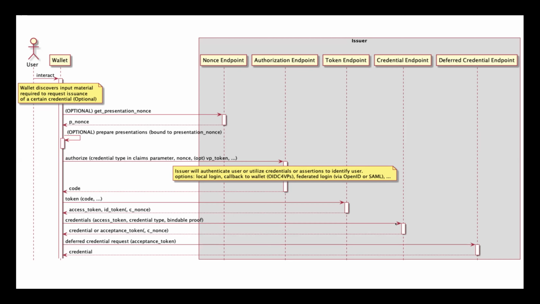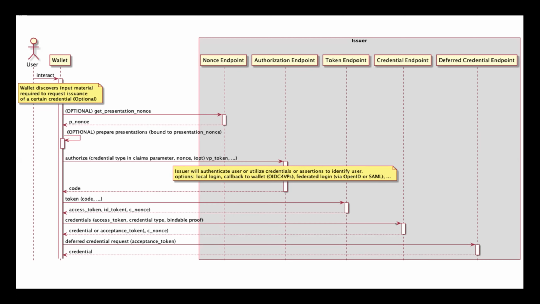The wallet sends the credential type it wants to be created. It sends information about the DID or the key material identifier it wants this credential to be bound to, along with the proof of possession. And then the issuer takes that data, evaluates whether the access token is good for that credential, whether it supports the format and all the other things the wallet specified in the request, and issues the credential.